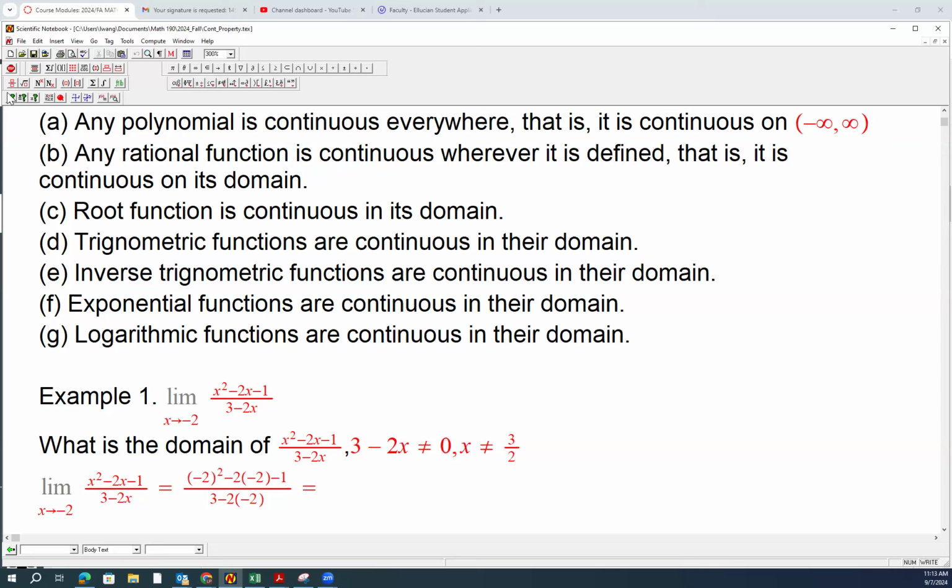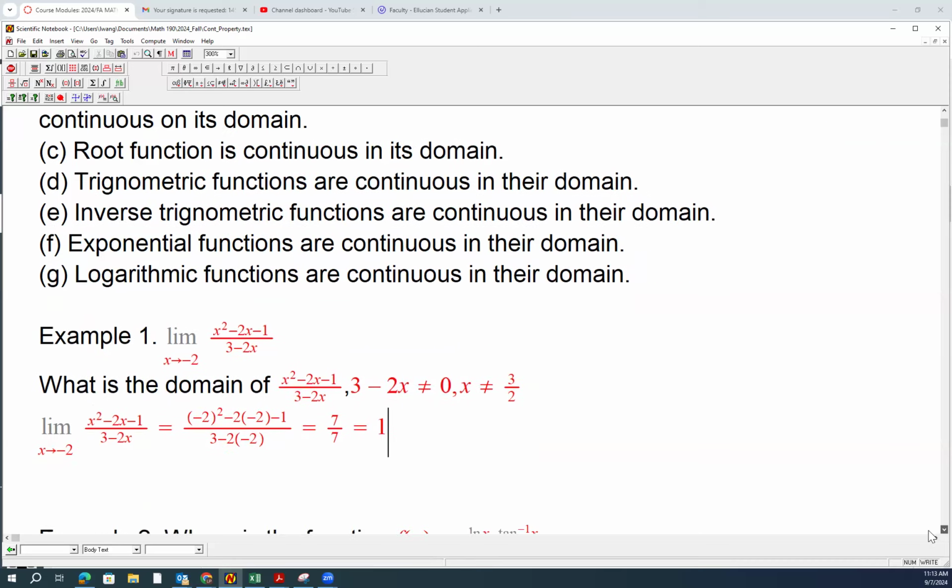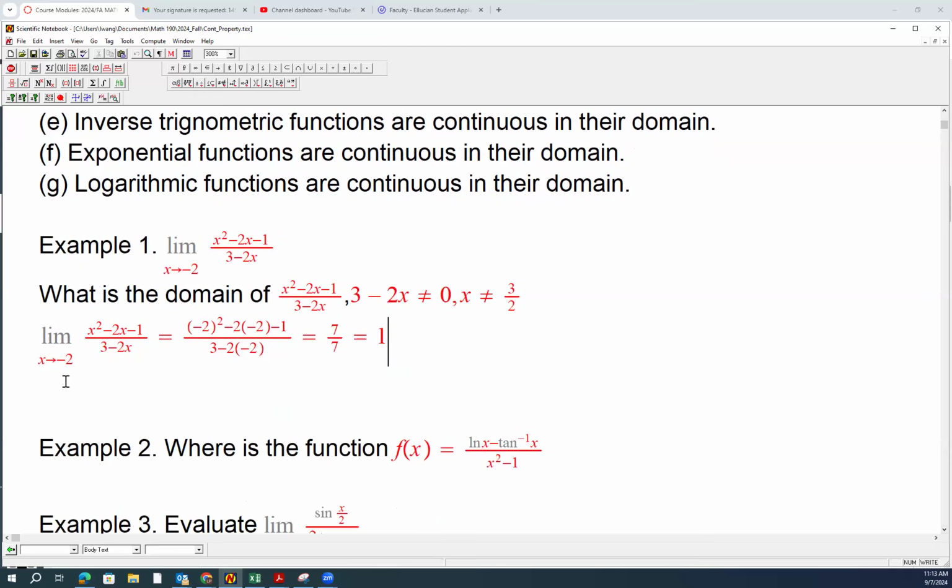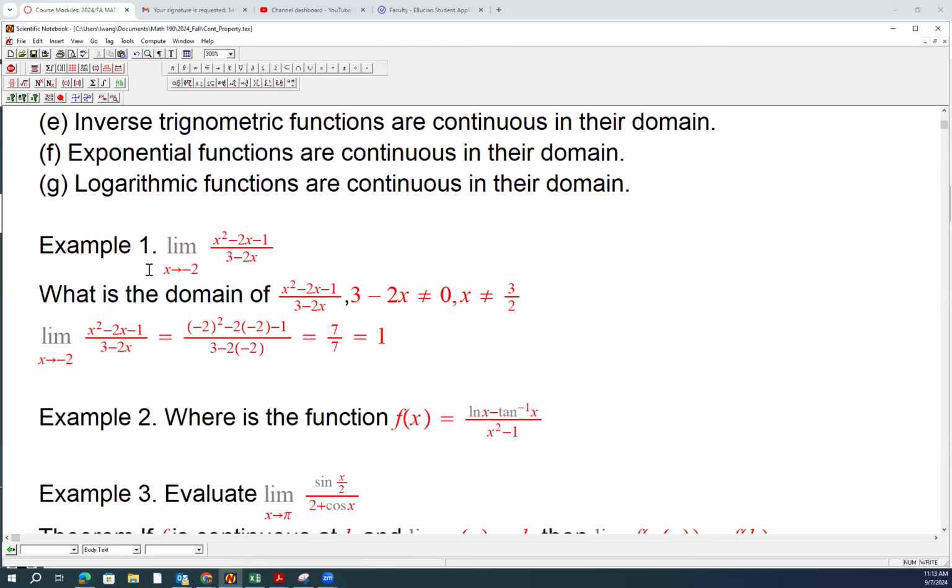The rest is just a calculation. So -2 squared is a 4, and that makes another 4, so the total of these is 8. 8 minus 1 is a 7. The denominator is 3 minus 2 times -2, and that's going to be a 7. And it equals 1. Done. Finished. It's a direct substitution. So we use the theorem to find the limit of the function.